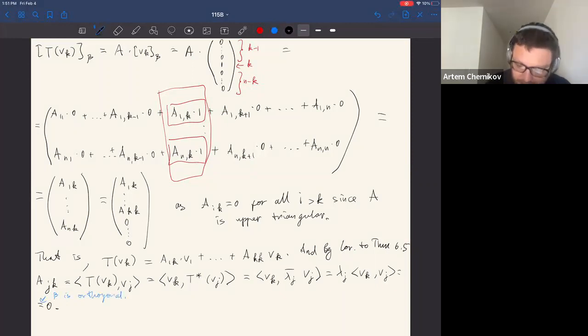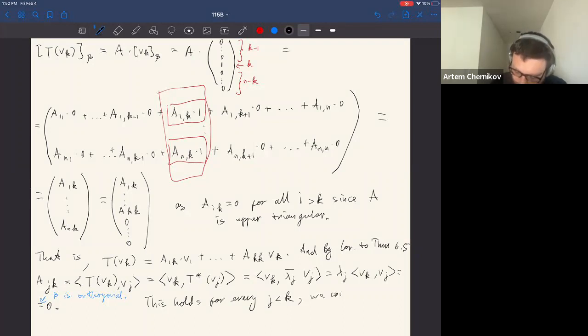Okay, so what we have obtained is that ajk is 0. And since this holds for every j less than k, because remember, j was an arbitrary index smaller than k, we are done, right?